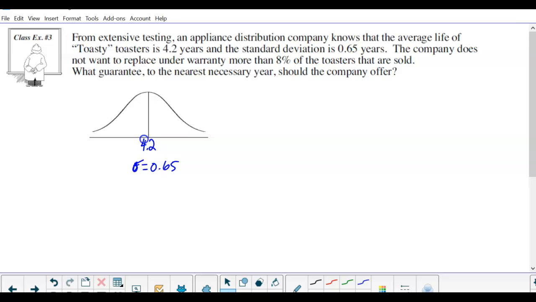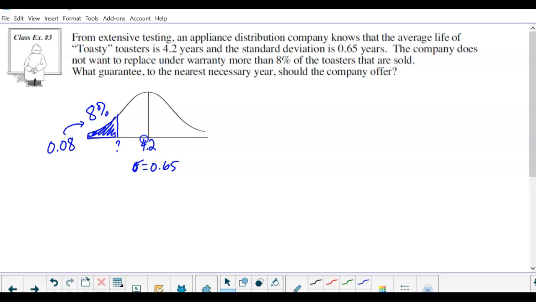We want to look at, they don't want to replace more than 8%. So we want the lower end to figure out what time period here would be 8%. Well, that's the same as 0.08. So now we're given the area, the percent or probability. And now we have to work backwards.